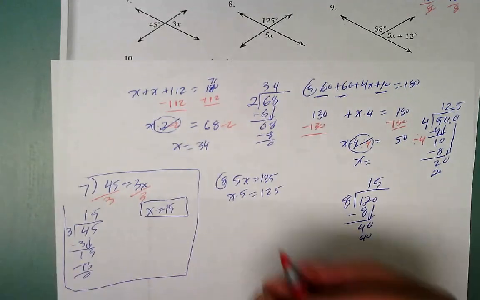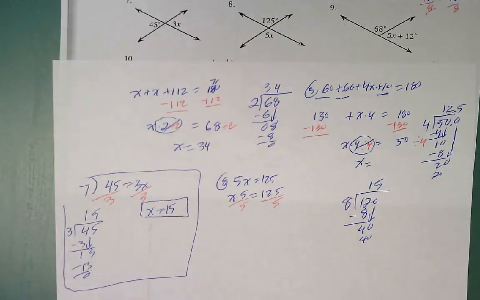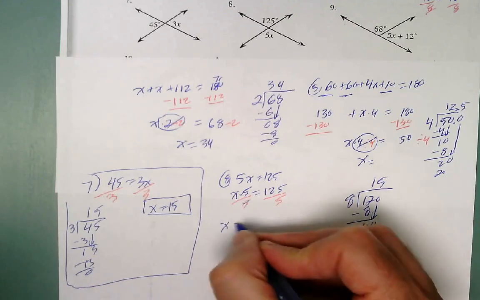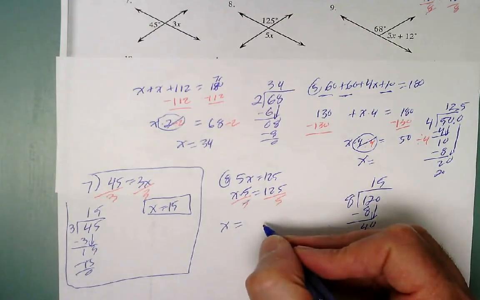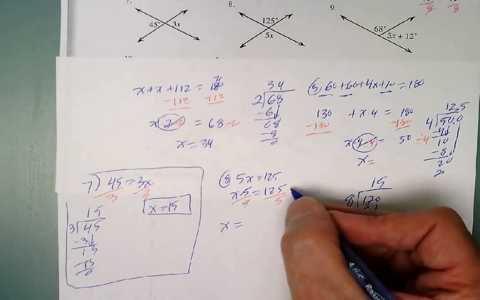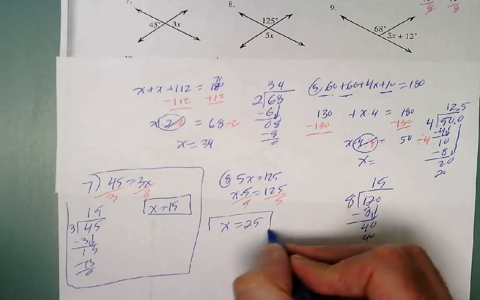If I do it to one side, do the same thing to the other side, right? They cancel out. How many times is 5 going into 125? Well, I just think quarters. I like money. 25, 50, 75, 1, 125. 5 quarters is 125. So 5 goes into 125 25 times. Box your problem, box your answer.